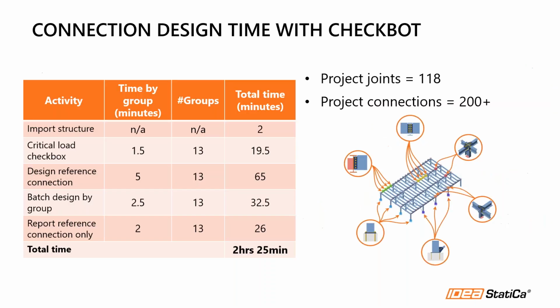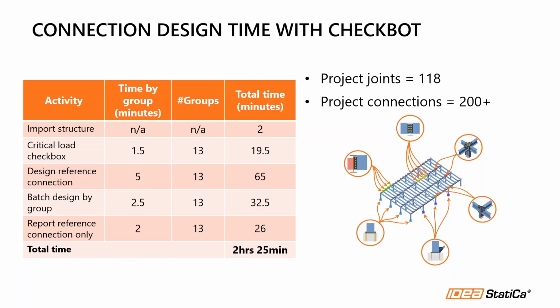So now let's summarize the example. For that, we prepared this detailed timetable, and I created a line for the different actions we did in Checkbot. And all these actions that I'm listing here were done by group, right?